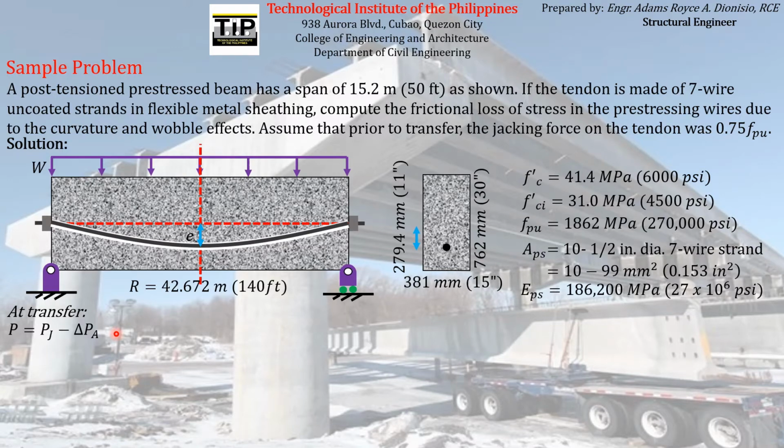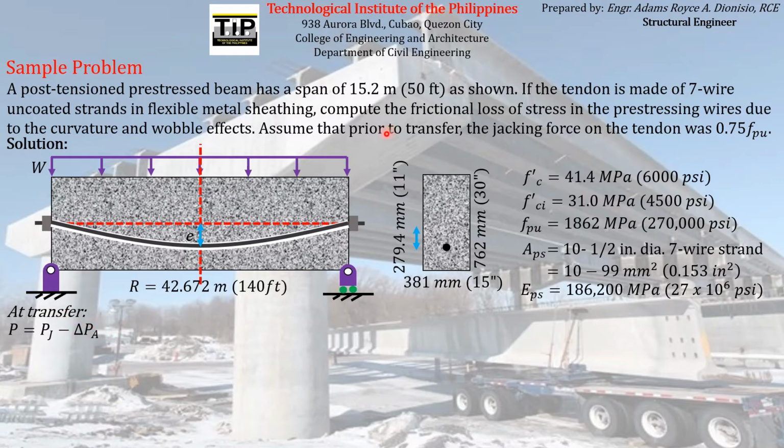In this case, there is no information if the jacking is done sequentially or simultaneously, therefore we can just assume that the tendons are jacked simultaneously. So there will be no pre-stress loss due to elastic shortening.